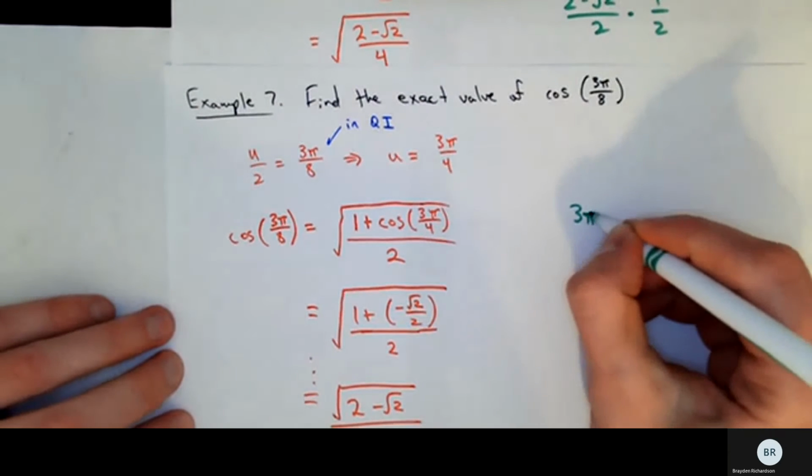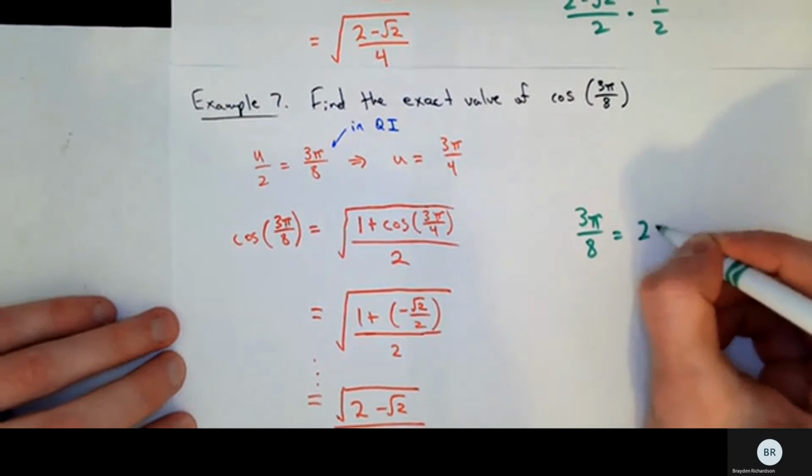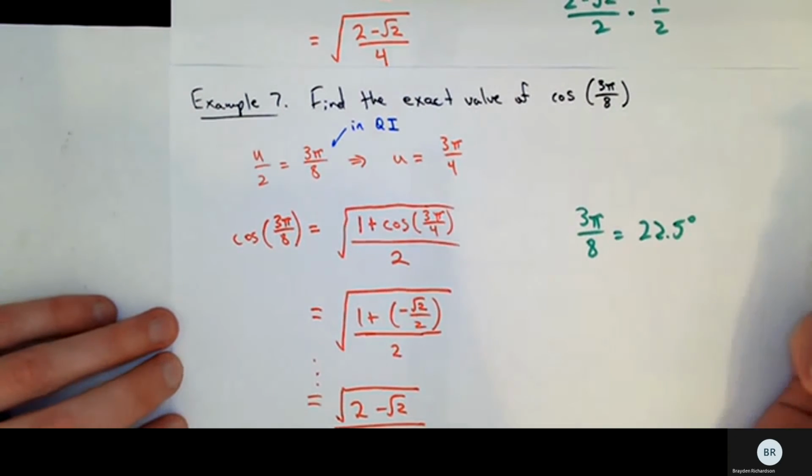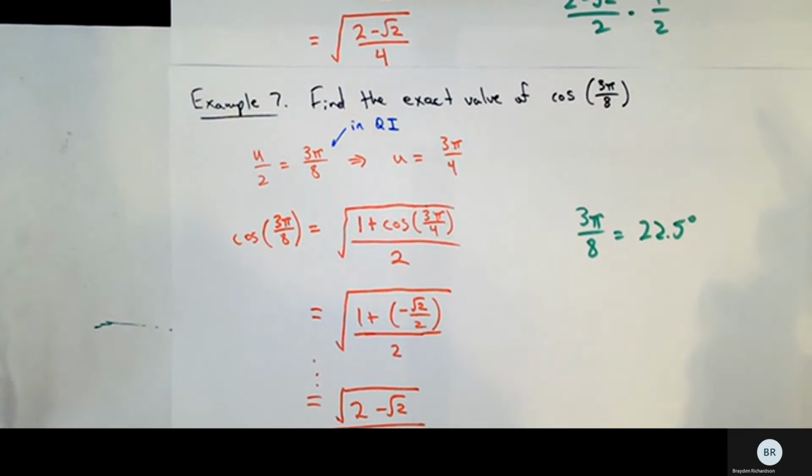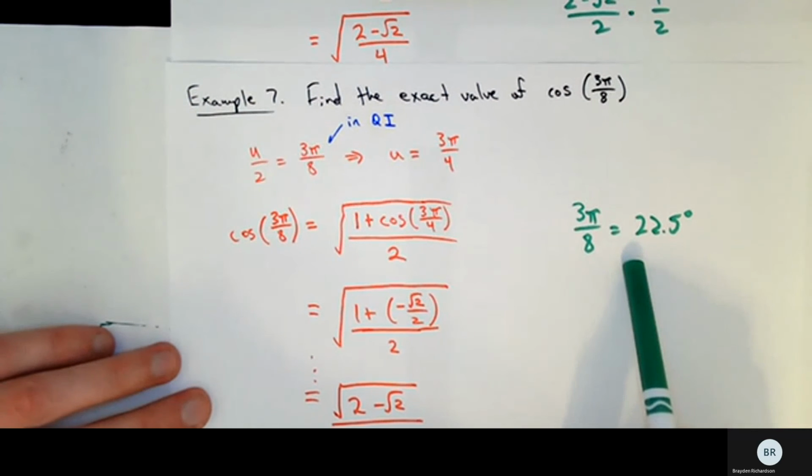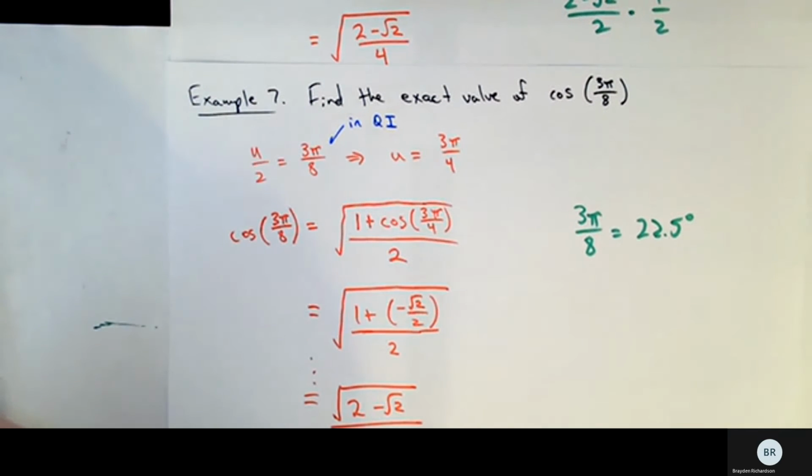Well, 3 pi on 8 is 22.5 degrees. And we know that the sine and cosine agree at pi on 4 angles, right? Wait, is that right? Hang on.